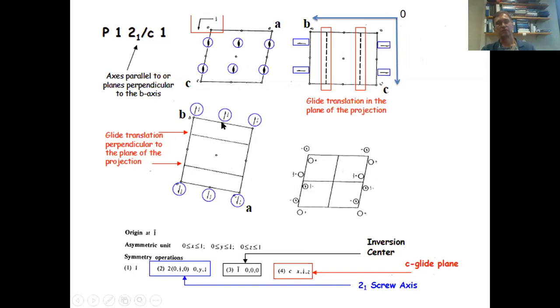Again, you see the inversion centers here as little dots.